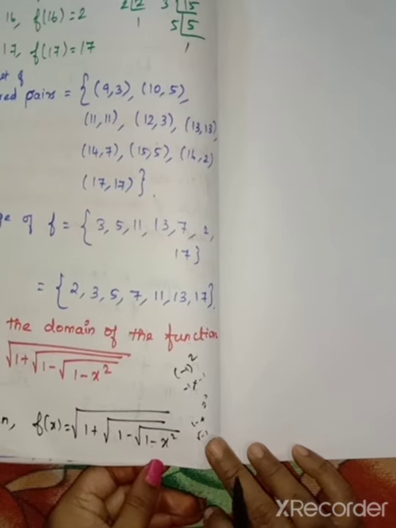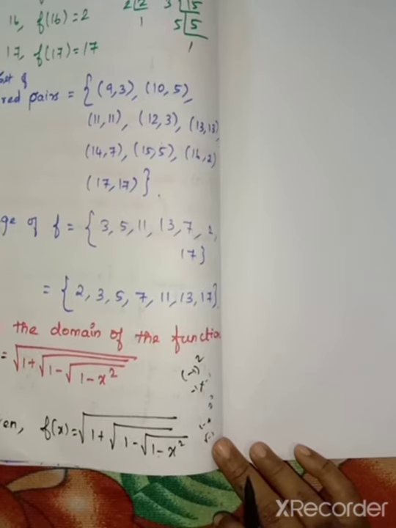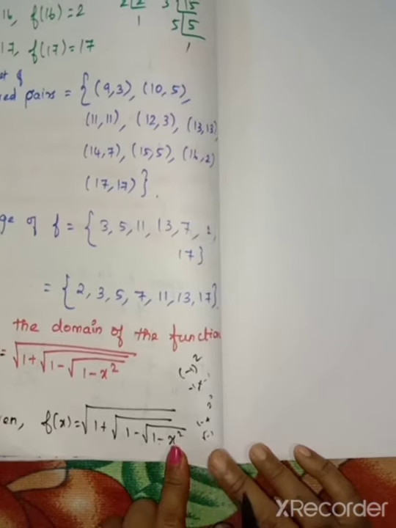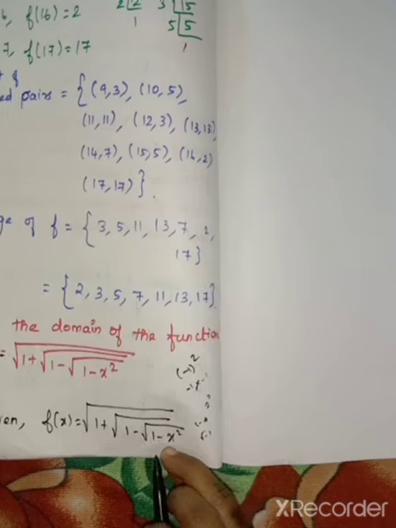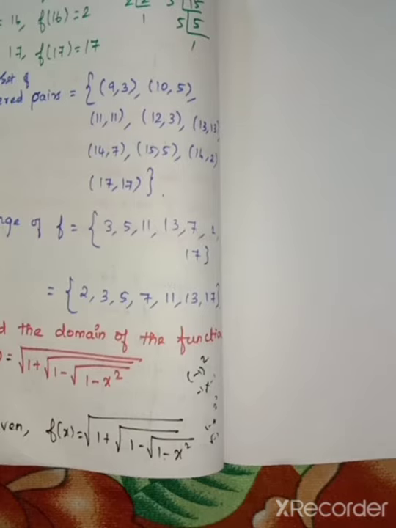When we get a minus inside the root, we can't take it automatically. If you substitute minus 2 also, we get the same term. So we can't go higher, because here only up to 1 is given. They have asked only for the domain values we get from 1 and the minus side. So if we substitute 2, 3 and others beyond 1, we automatically get a negative value, and the root cannot be taken for the function.